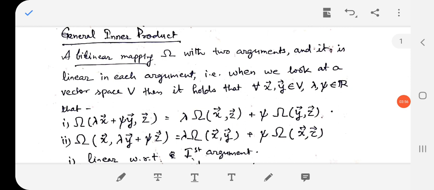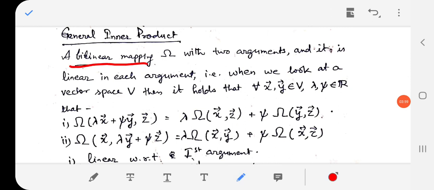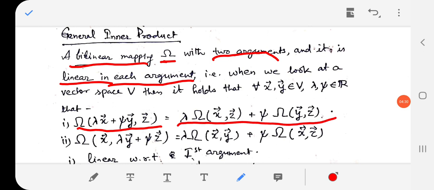So first is bilinear mapping. Any function omega that takes two arguments, it's a mapping that takes two arguments and it is linear with respect to each argument. So what does it mean? It means that for omega, any linear combination of two vectors in the left argument you can expand as a linear mapping.